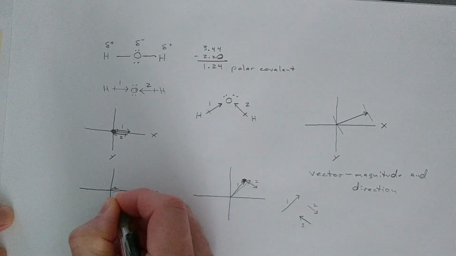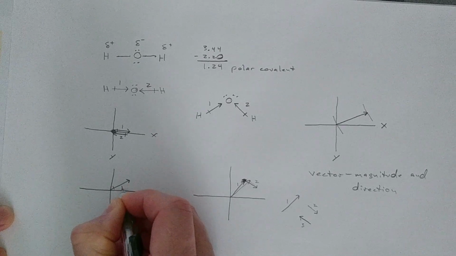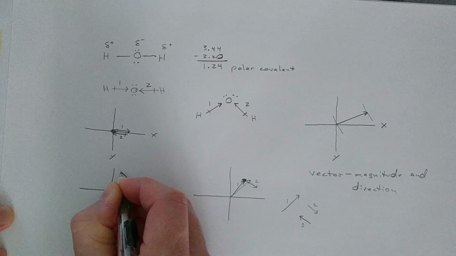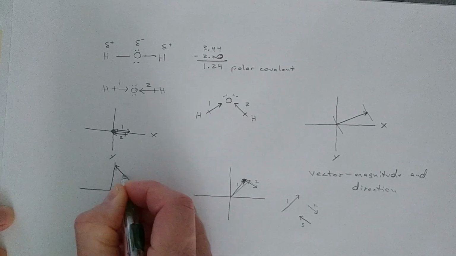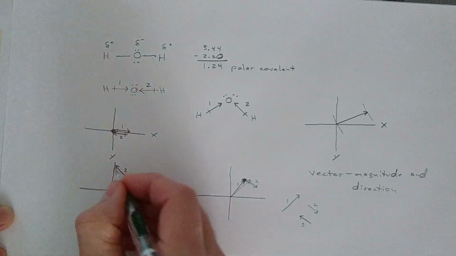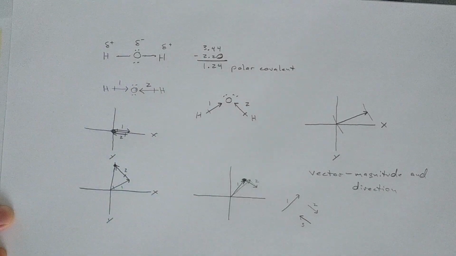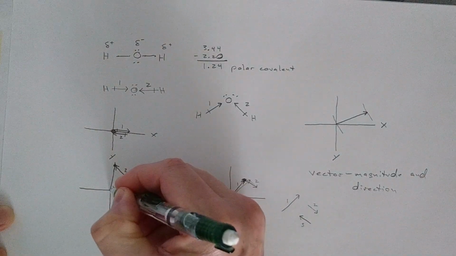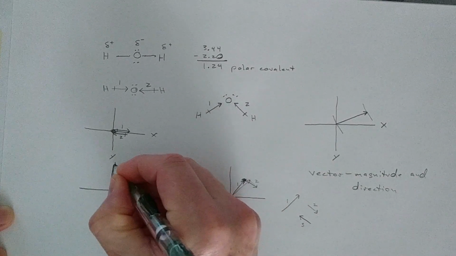We will place vector 1 on our XY axis, and we will place vector 2 on our XY axis. And we see we do not end up at the origin, we end up at the head of vector 2, meaning that there is a net vector for our water molecule.